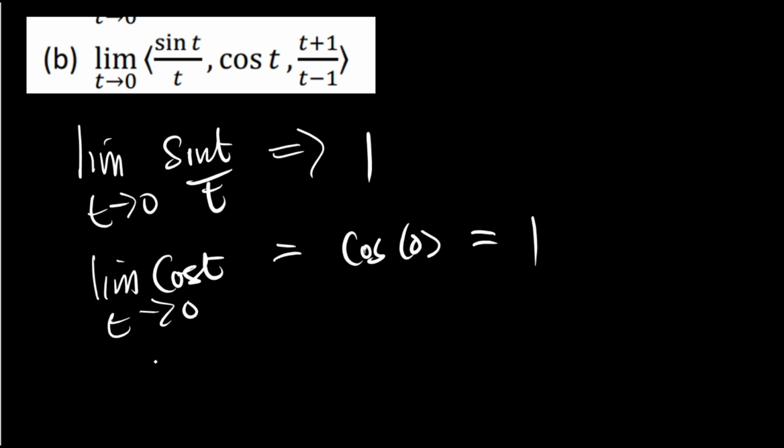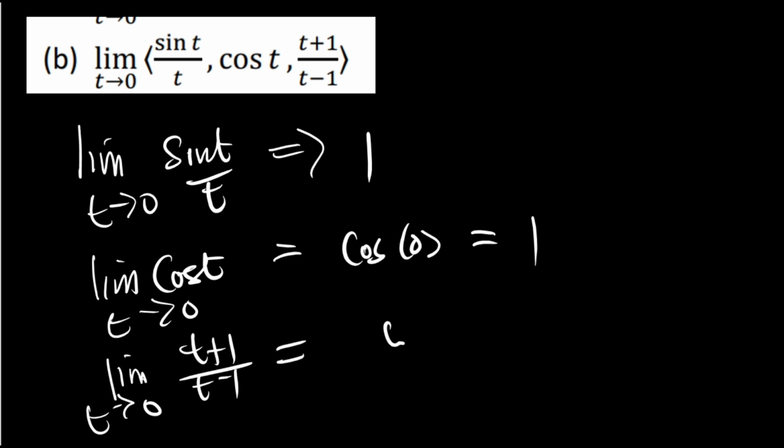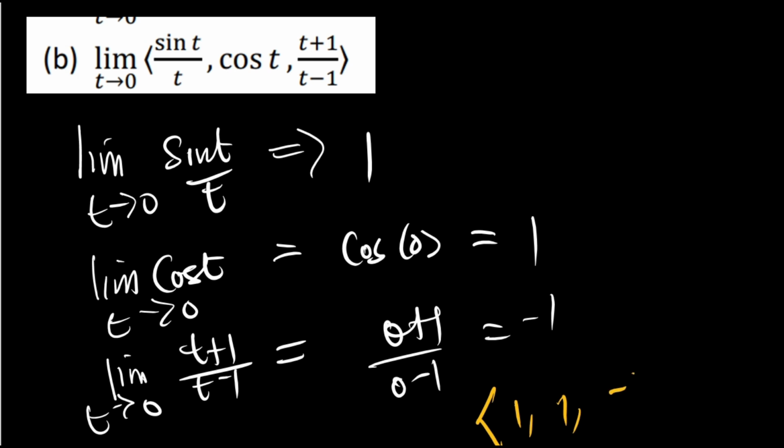Then the limit of the rational function t plus 1 over t minus 1 as t approaches 0 will be 0 plus 1 over 0 minus 1, and that will be negative 1. So the value of this limit is 1, 1, negative 1.